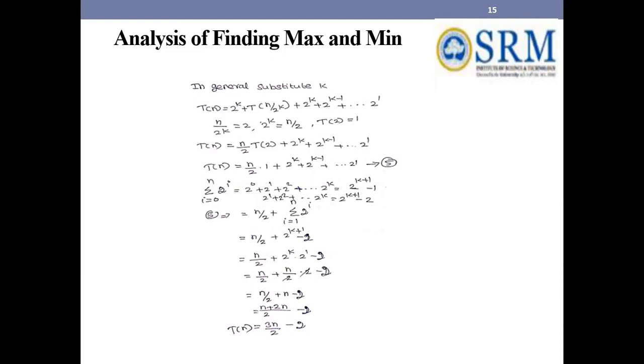So T of n is equal to 3n by 2 minus 2, which is lesser than 3n. So when we find the maximum and minimum value using the linear approach and using the divide and conquer approach, always the divide and conquer approach is better than the brute force approach.